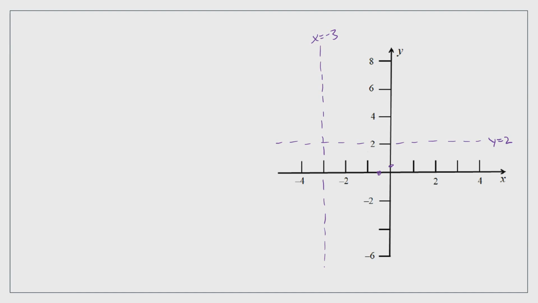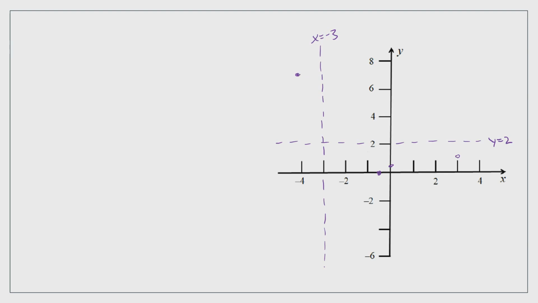We also have a hole. That was also a point that we found. And our hole is at the point 3, 1.2. So 1, 2, 3, and 1.2. So we have a hole. Okay. And then we have our 4 points that we found in step number 6. So we have -4, 7, so up here.